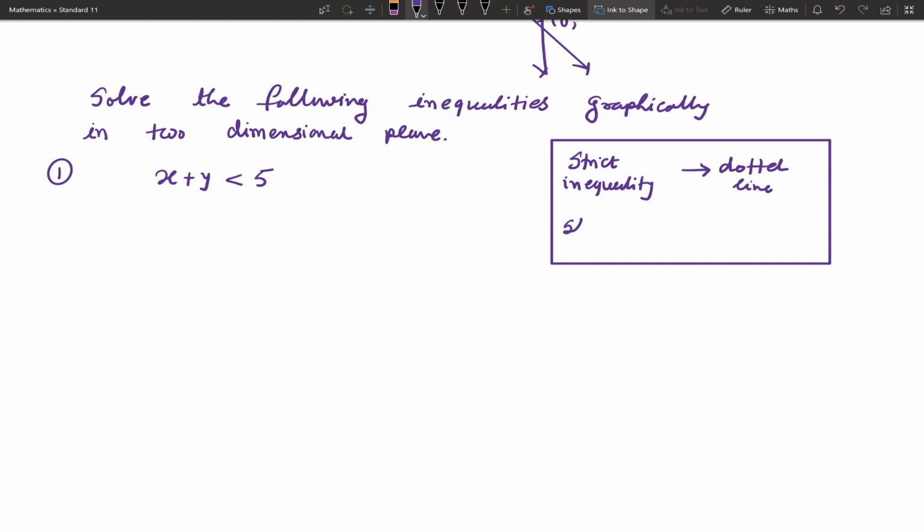And if the inequality is a slack inequality, then there will be a continuous or dark line.